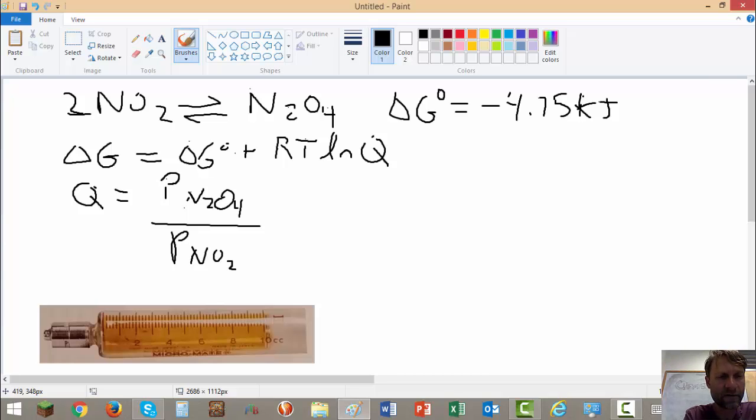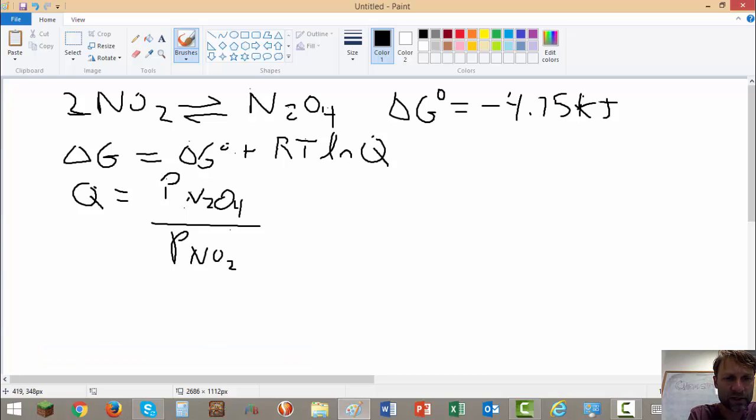Now notice that because there's a coefficient of 2 in front of NO2, this term has to be squared.